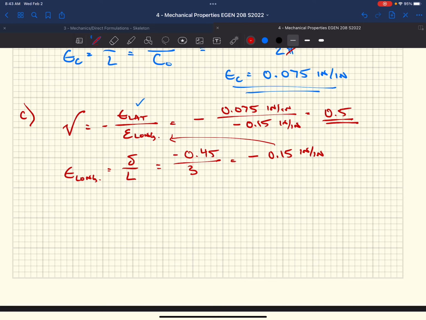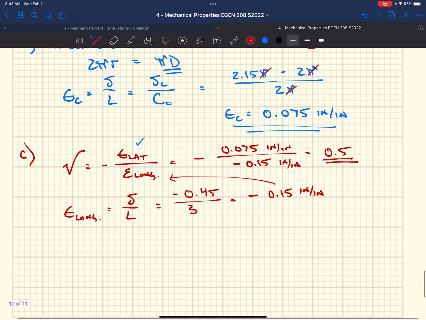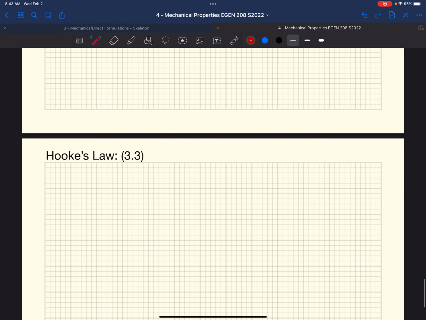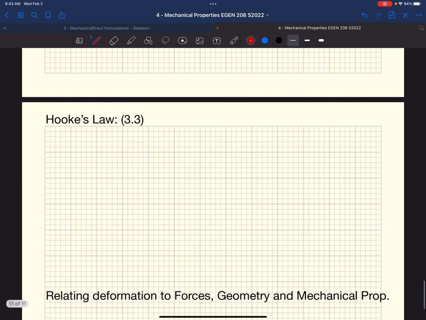And as we mentioned in the last slide, rubber is 0.5. So for every 1 unit of strain in the longitudinal direction, we get half that unit in the lateral direction. Okay. Any questions? Okay.